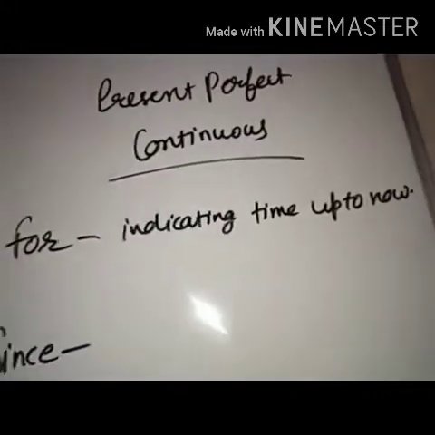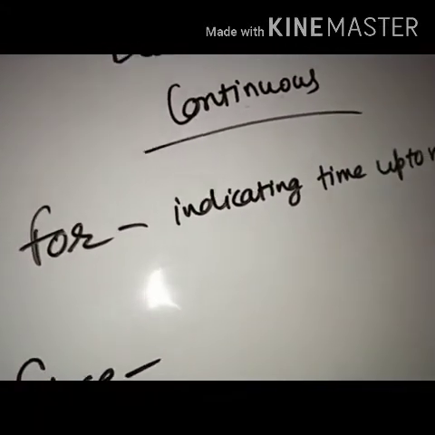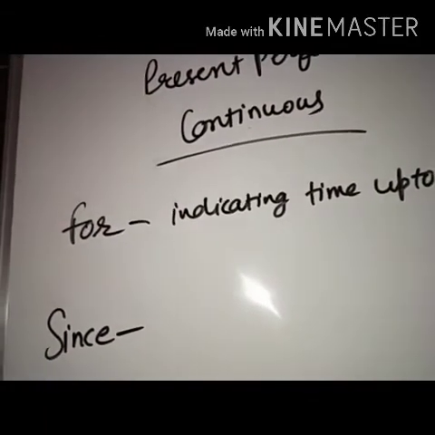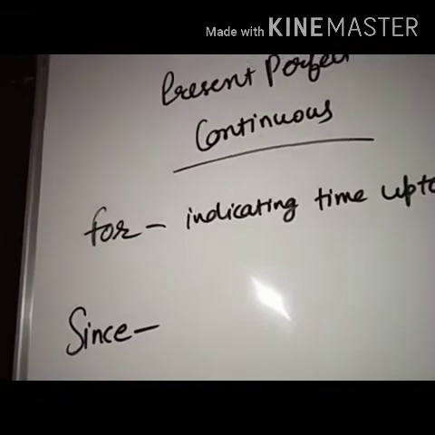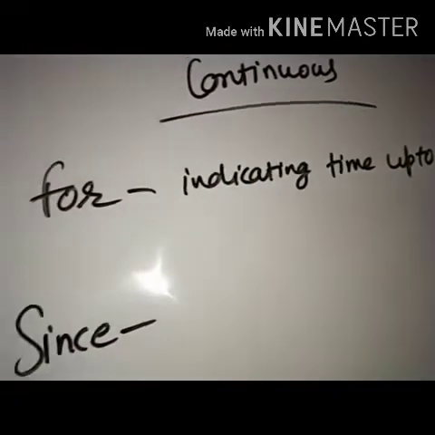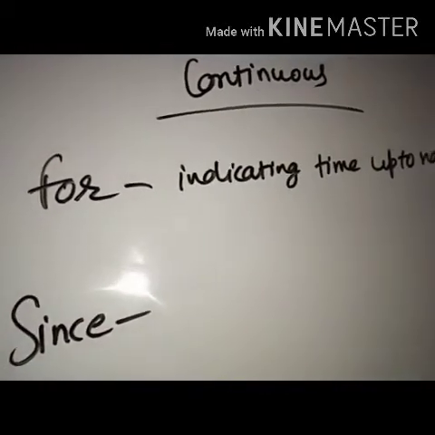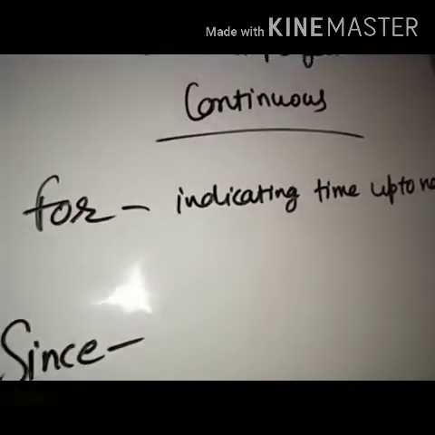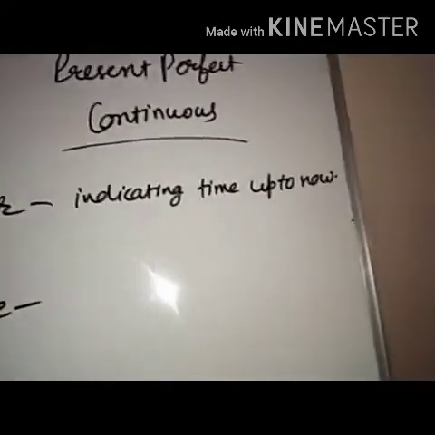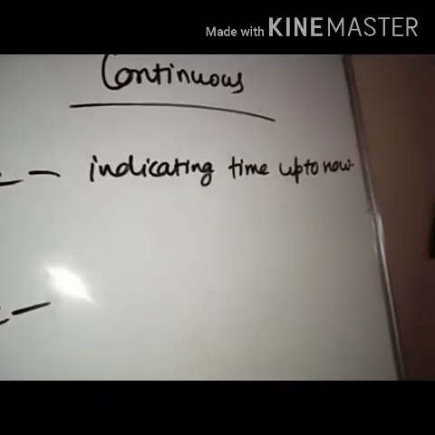When the sentence is spoken, you can refer to the time up to that point. Like the sentence we had just now, that he has been driving a taxi for 2 years, means it has been 2 years for him driving a taxi. So for we use when we are indicating a time up to now, until now as we are talking.